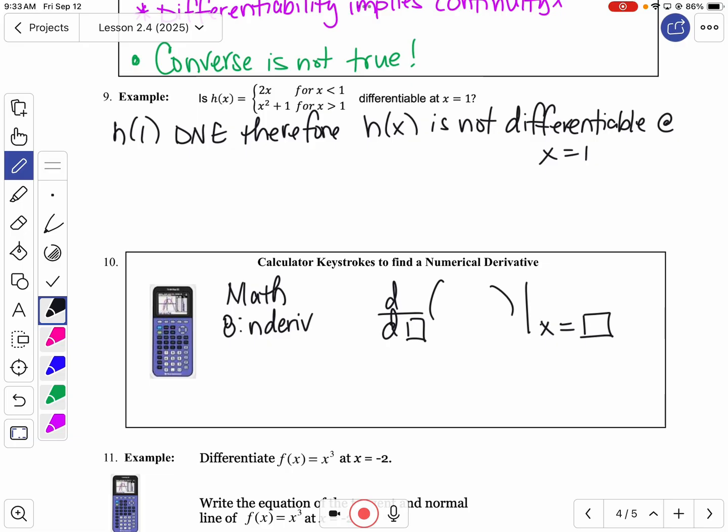I'm going to show you what we're going to put in every place. We're taking the derivative with respect to x. We're going to put the function inside of there. You can also store it in y1 and put y1 there. And then whatever x value we're plugging in goes right there. And that's how we do it.